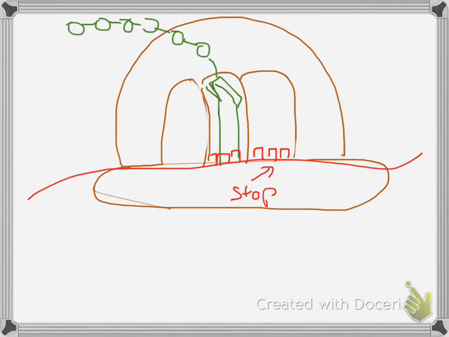The ribosome is going to pause, and when it pauses, that will allow for a release factor, a protein called a release factor, to come in, and it will dock right in here.